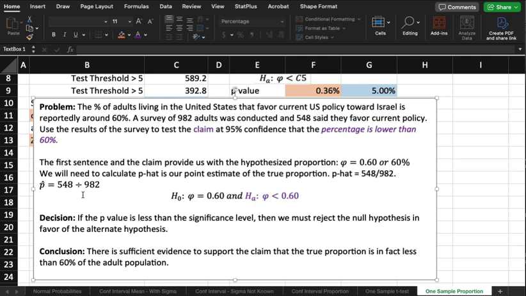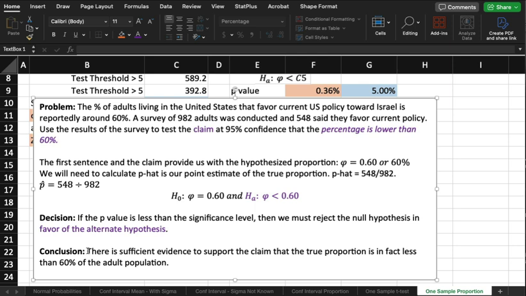If the p-value is less than the significance level, and that is true in this case, because 0.36% is less than 5%, then we must reject the null hypothesis in favor of the alternate hypothesis. So the decision is always stated in terms of the null hypothesis.